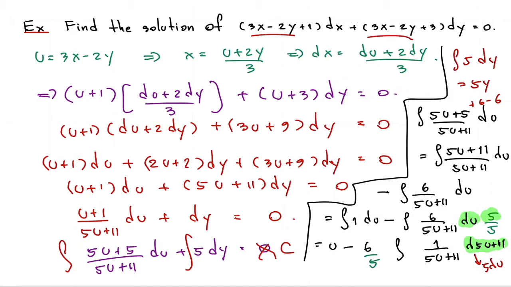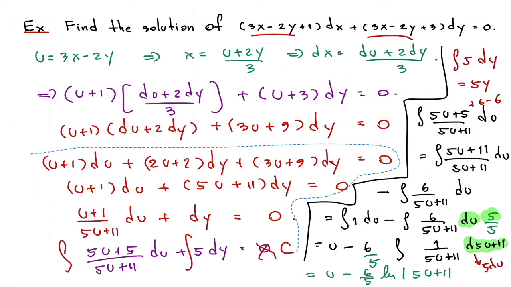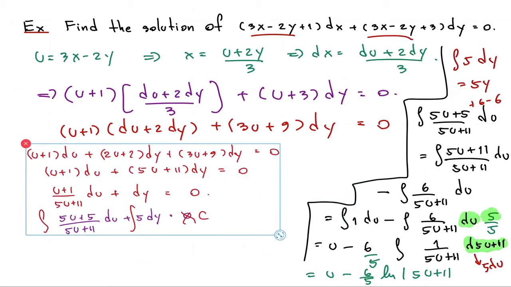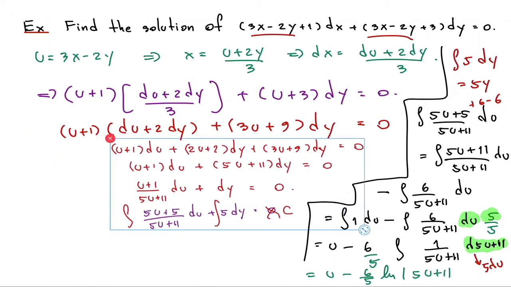Makes sense. So the integral here becomes minus 6 divided by 5 log of 5u plus 11. Does it make sense? And then I'm just gonna reduce the size of this. I don't want to go to a new page because I want the information here. So I'm just gonna keep this here for now.